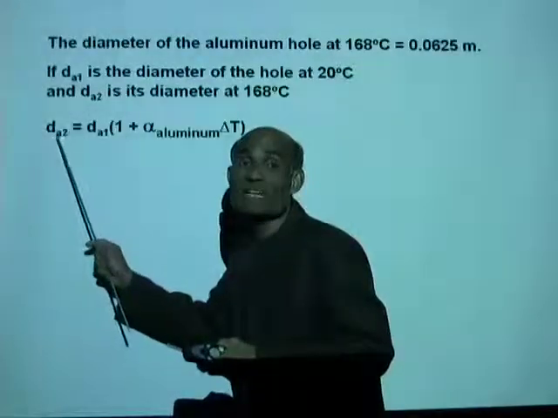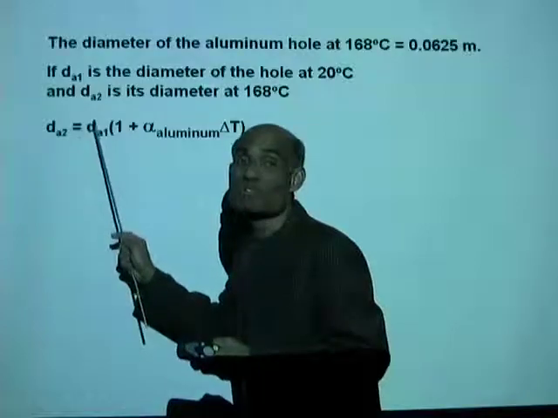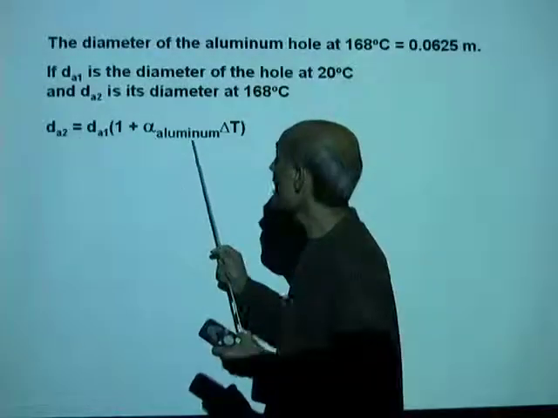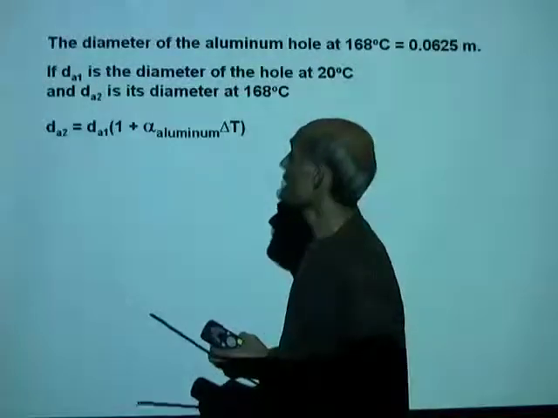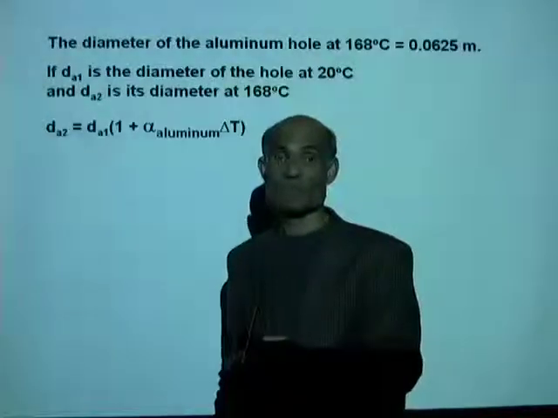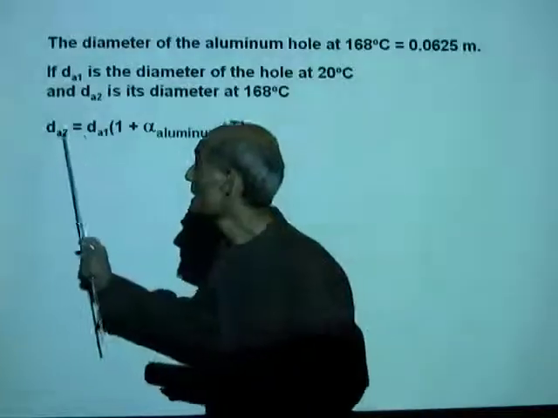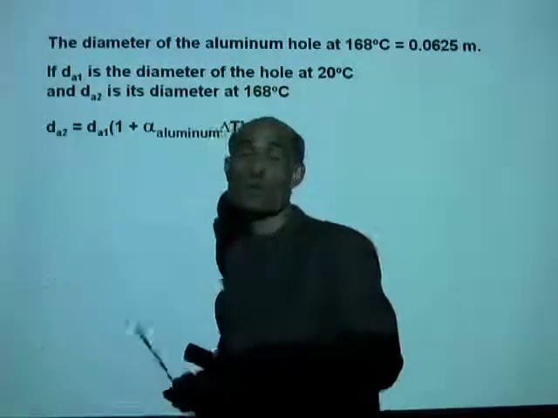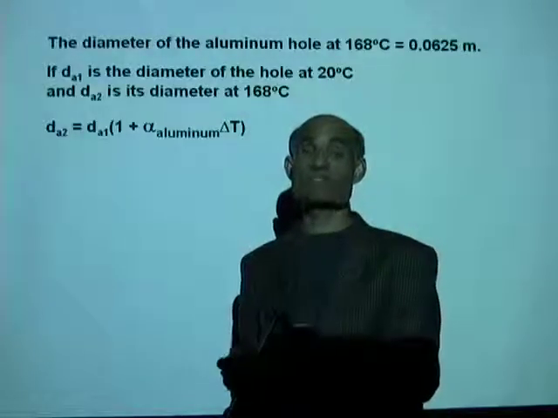Then we have dA2 equal to dA1 times 1 plus alpha aluminum times delta T. Is that right? Yes. This is like L2 equal to L1 times 1 plus alpha delta T.